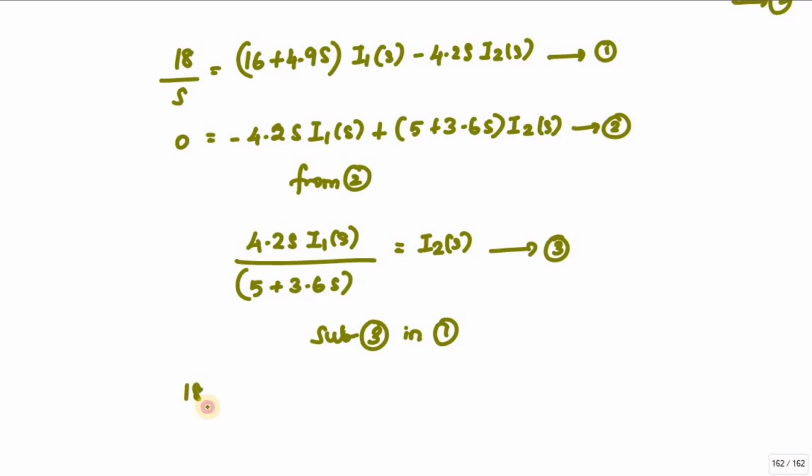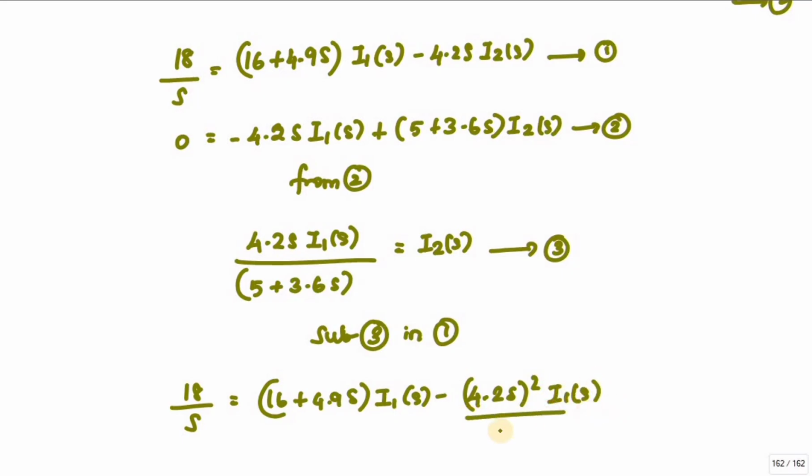Now you get 18 divided by s is equal to (16 plus 4.9 s) I1 of s minus 4.2 s, and instead of I2 of s I substitute 4.2 s I1 of s divided by (5 plus 3.6 s).